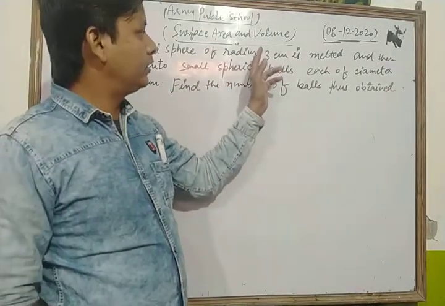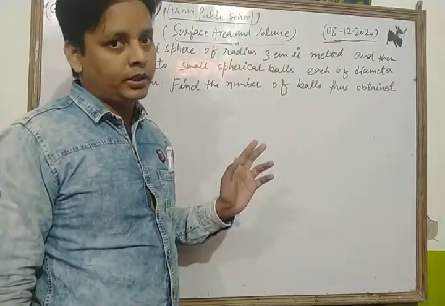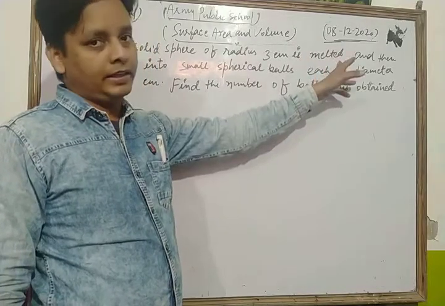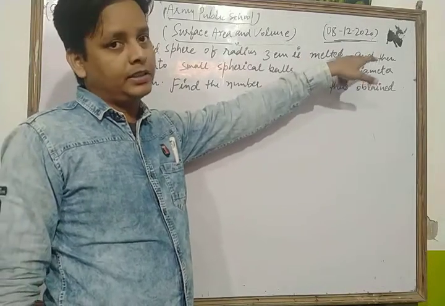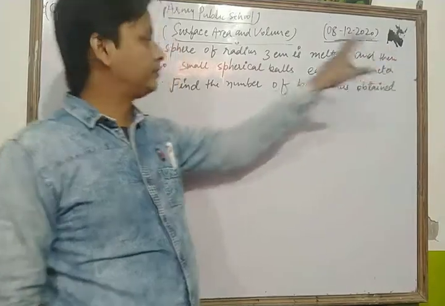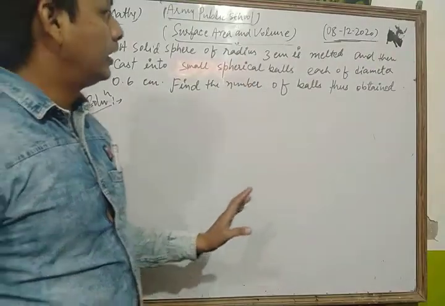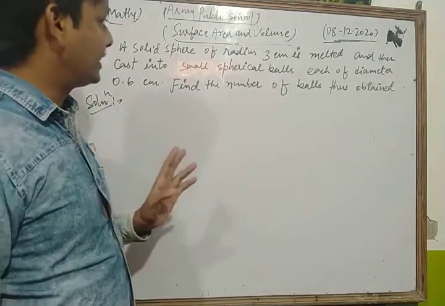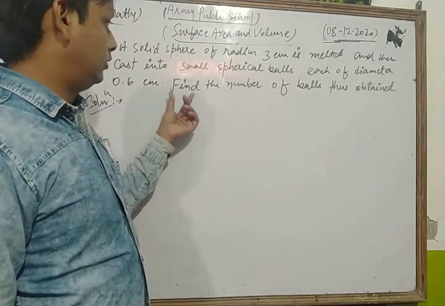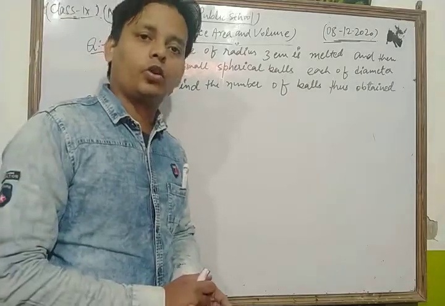Here the solid sphere of radius 3 centimeter, dear students, is melted and then cast into small spherical balls, each of diameter 0.6 centimeter. Find the number of balls thus obtained.